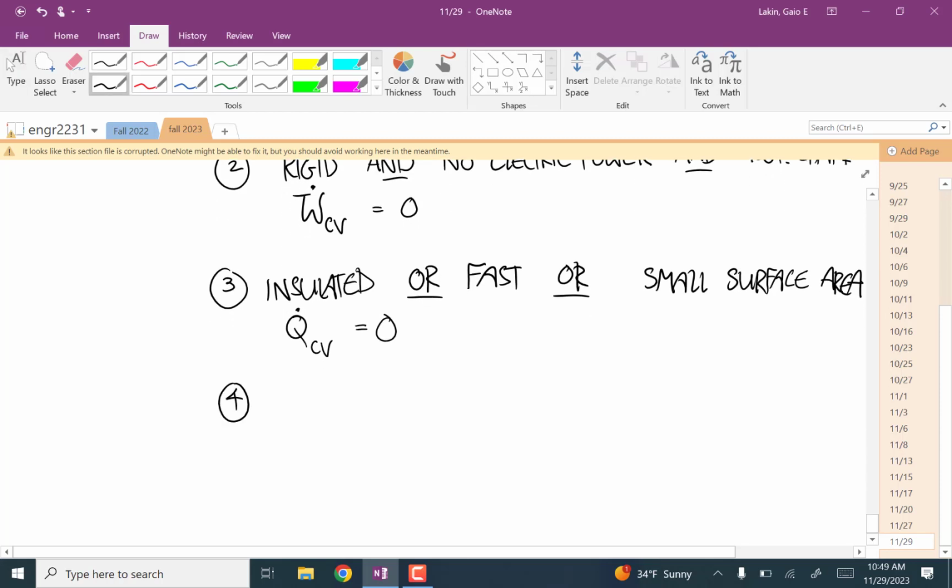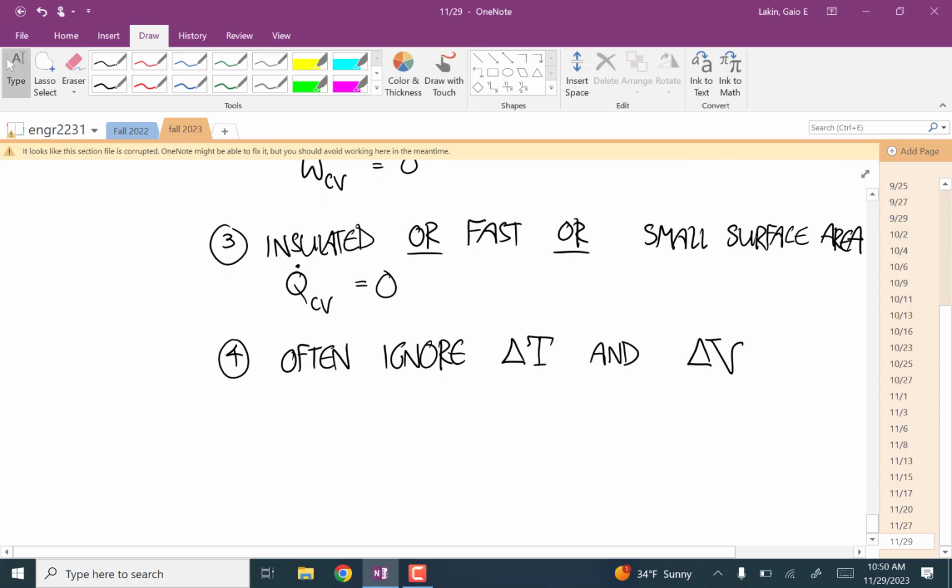Again, just like before, we often ignore the change in kinetic energy and the change in potential energy. Not always, but look for that as a possibility.